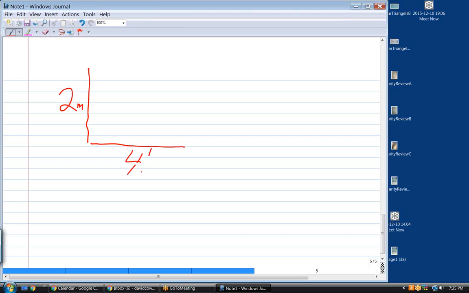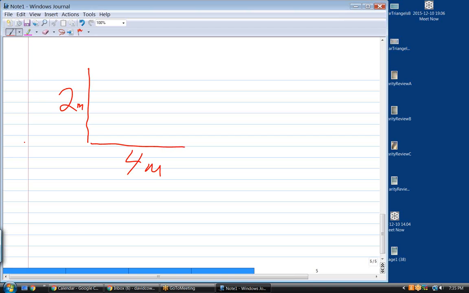Really? They're mixing up meters and feet? I mean, no, I meant meters. Sorry, meters. Good. I'd be disappointed in your teacher if he made you do that. But okay, go ahead. And it's not a tree, sorry, it's a light post. When he stands 4 meters from the light post, his shadow goes 4 meters in the other direction.